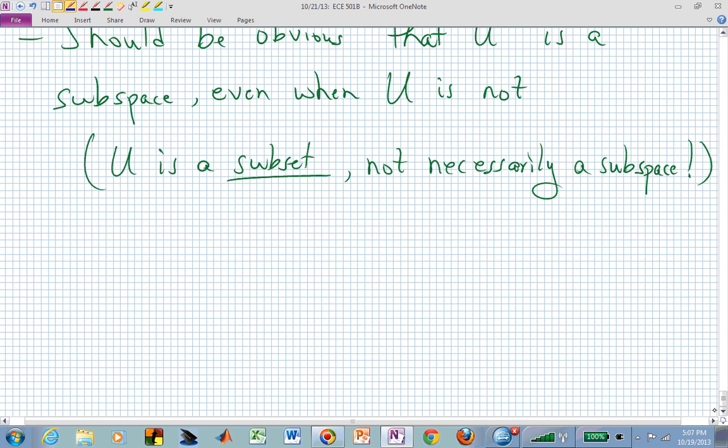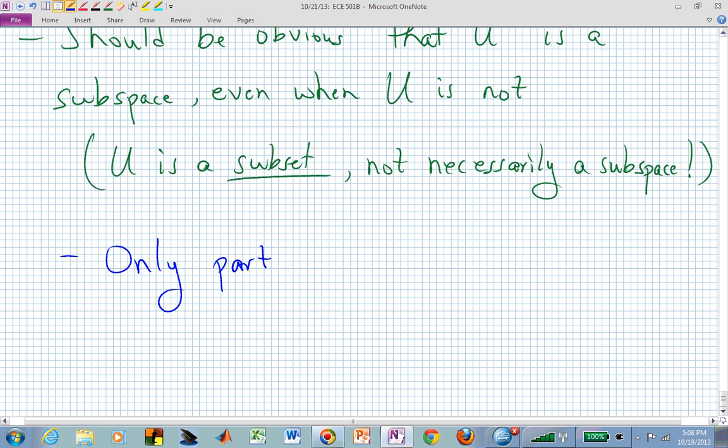Well, we need to make sure that our subspace contains the zero element or the zero vector, and that when we form linear combinations of vectors in that set, we remain in that set, or the set is closed. And let's then just try to argue that.